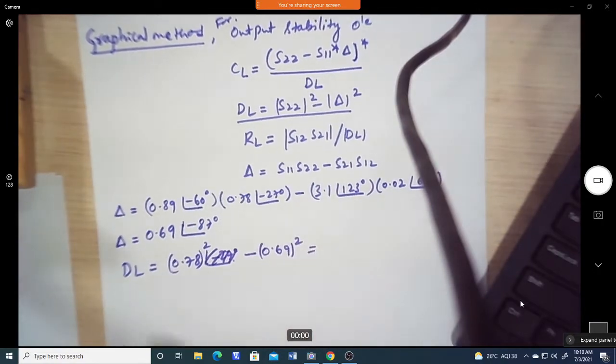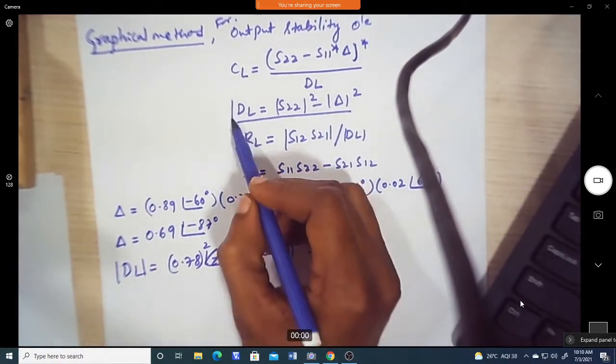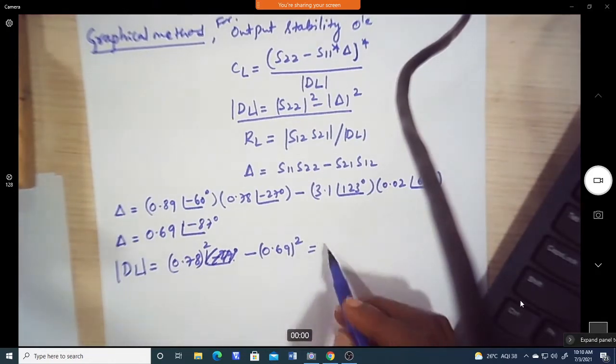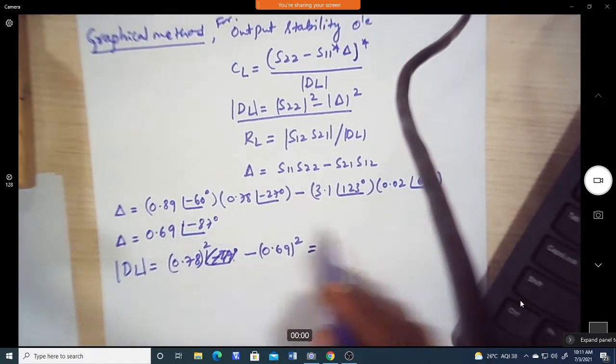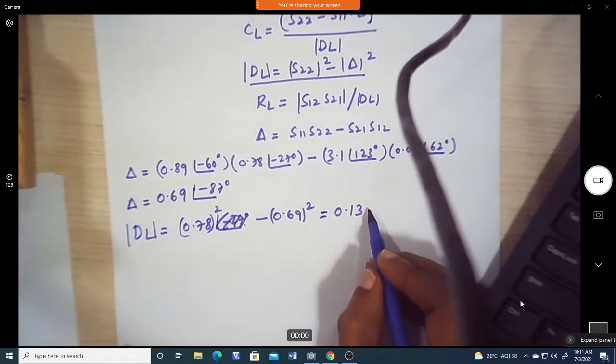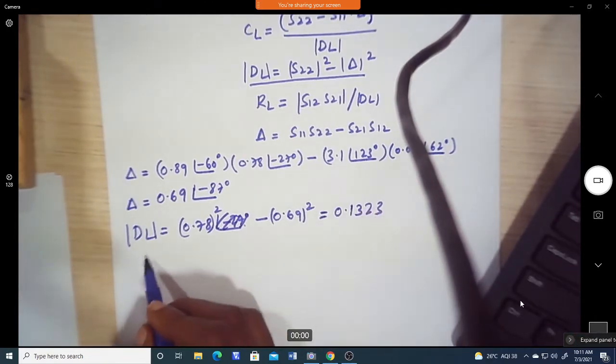Find out the magnitude of DL. The value is 0.1323.